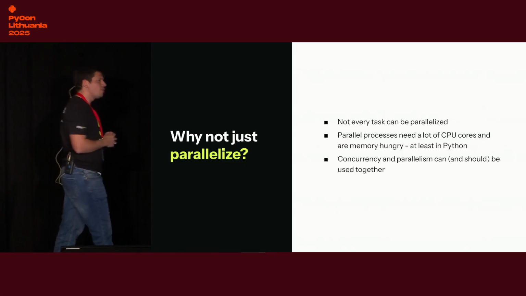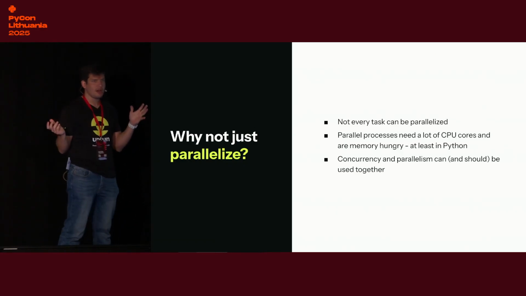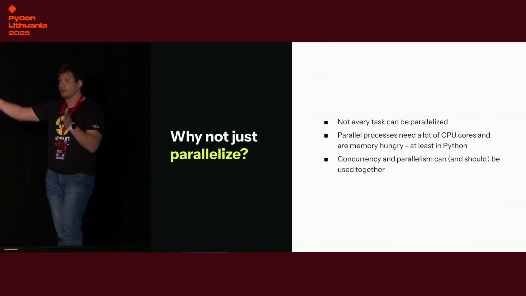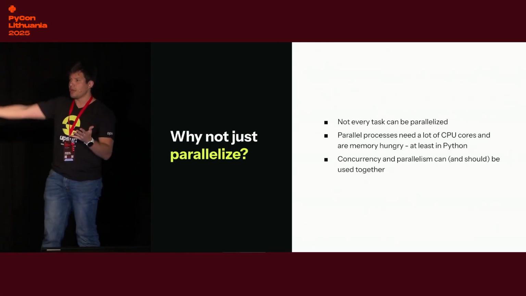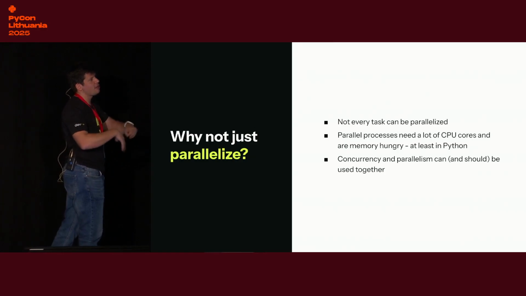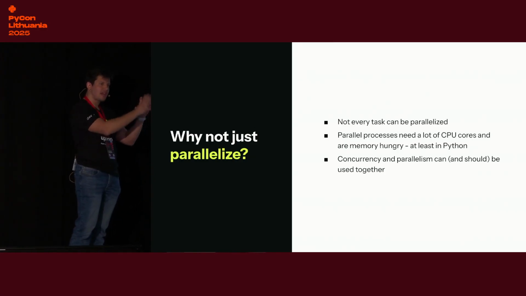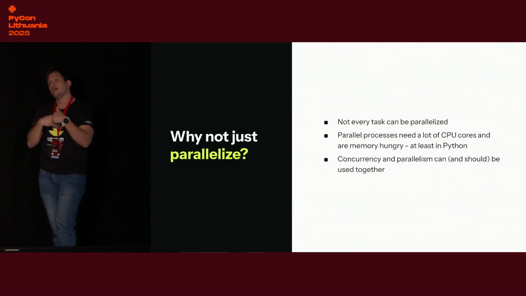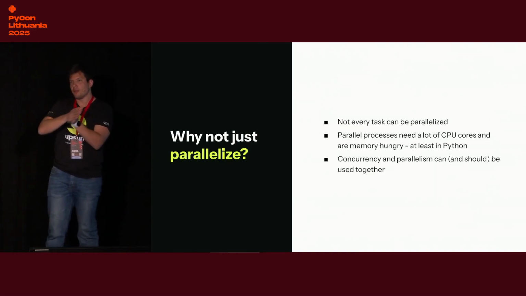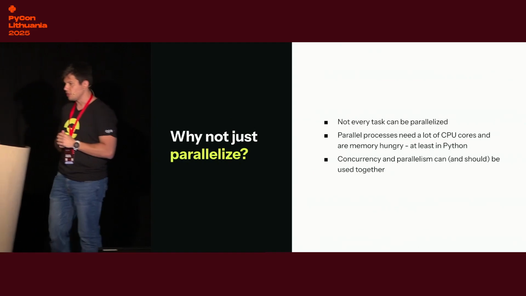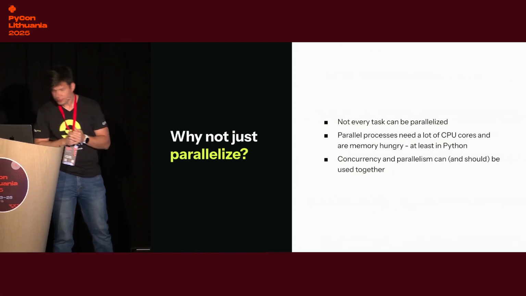For example, if you have run Unicorn in production, you know that in order to have multiple workers, you need to have more memory because each worker needs to have its own memory space. And then, of course, we have threads, so we can share some of that memory and maybe reduce it a bit. But again, every different process is like a completely separate thing. It's not that we can share state or share things between all those processes.